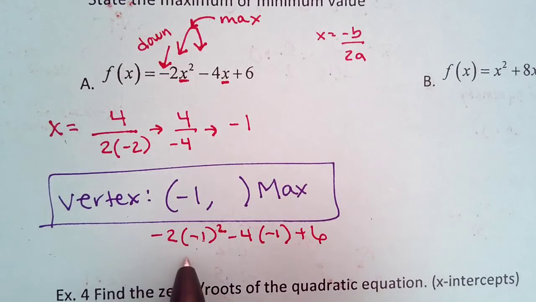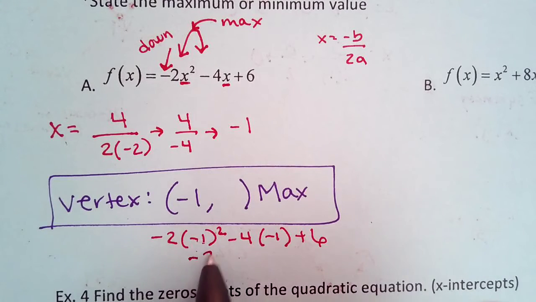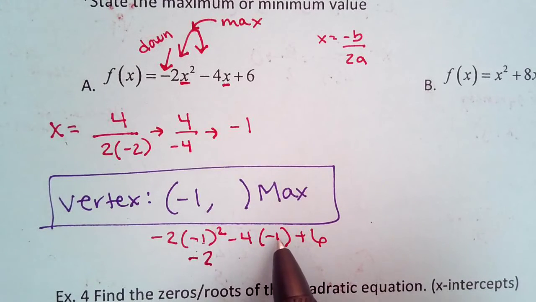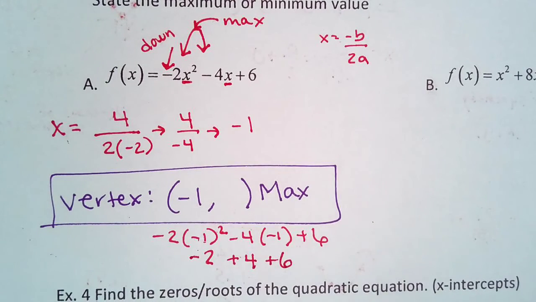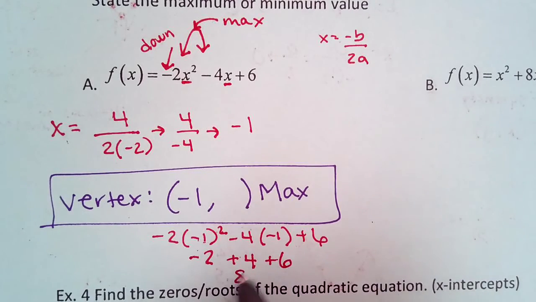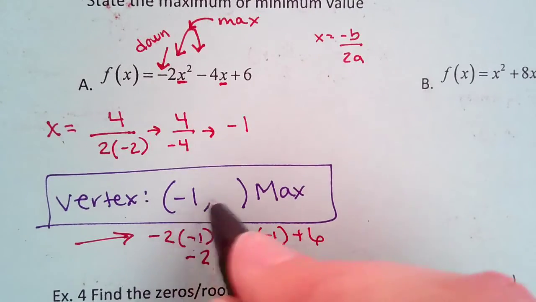Negative 2 times positive 1 is negative 2. Negative 4 times negative 1 is positive 4 plus 6. What's negative 2 plus 4 plus 6? 8. Could I have plugged this entire step into my calculator? Sure could have. So the vertex is negative 1, 8.